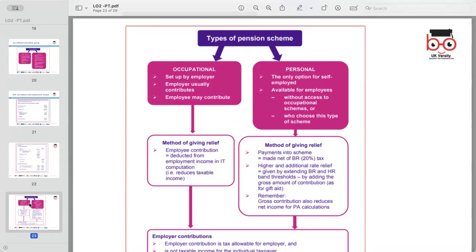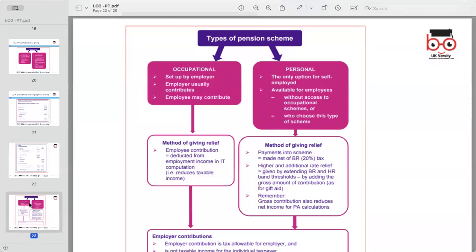Employee contributions: in occupational schemes, the employee's contribution is deducted from their employment income when calculating income tax. This reduces their taxable income. Self-employed individuals often have personal pension schemes as their only option.